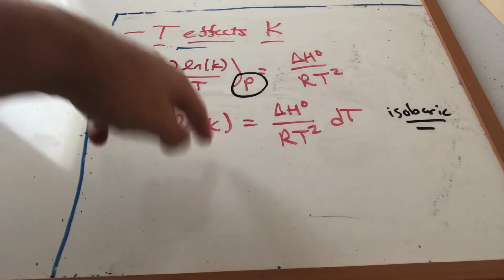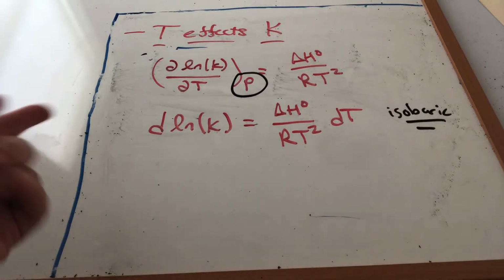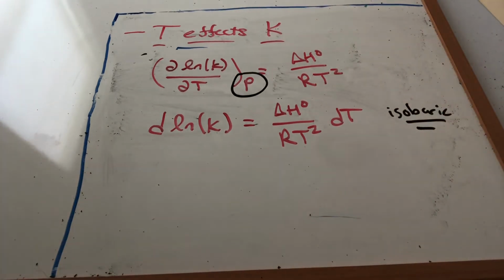K is related to standard Gibbs energy. This is standard delta H. So we're always going to be analyzing these situations at 1 bar. So isobaric conditions, those define what our K is, 1 bar does.